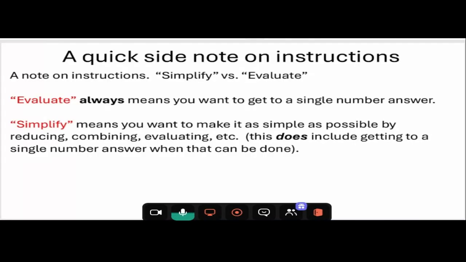But sometimes it'll say simplify and you can't actually get to a number answer, and that's why they said simplify, not evaluate. So these two things really mean the same thing, except evaluate is just telling you, by the way, you're going to get a number answer. Simplify means make it as simple as you can. You might not get a number answer, or you might. If you can, you do.